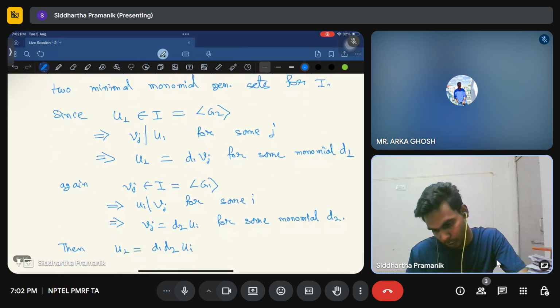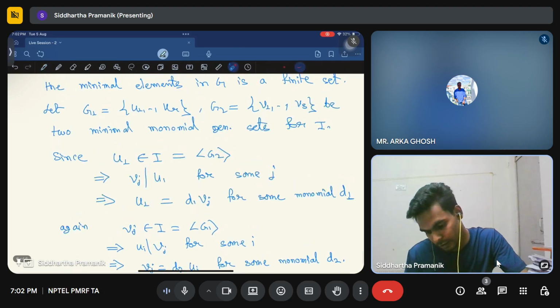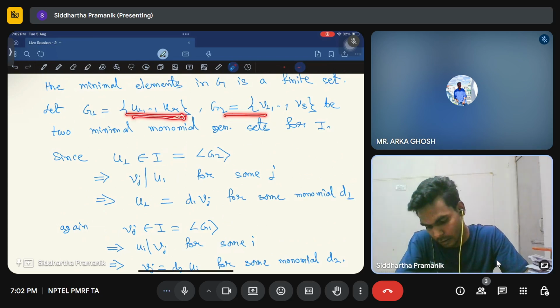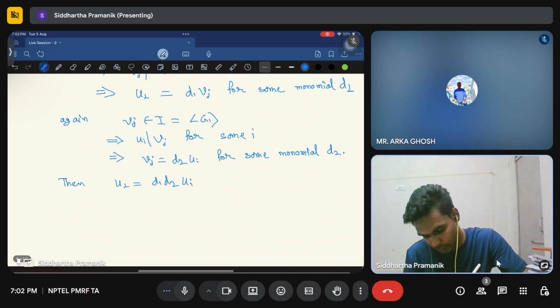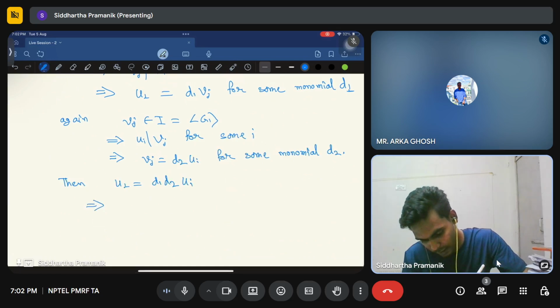But what we have assumed is that these sets are minimal generating sets, so none of these Ui is divisible by the other Uj's. From this we can say i has to be equal to 1, and D1 times D2 is 1, because G1 is minimal.